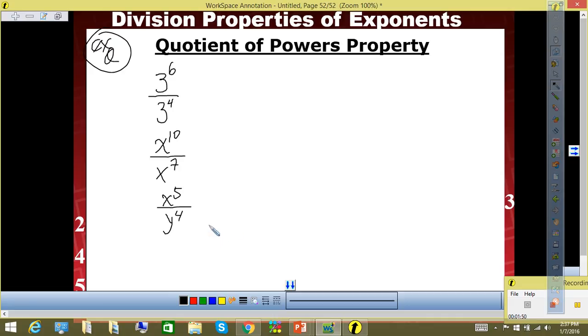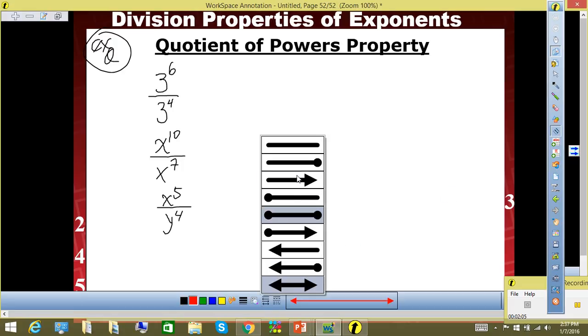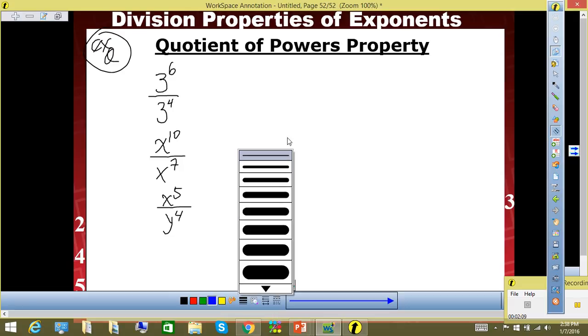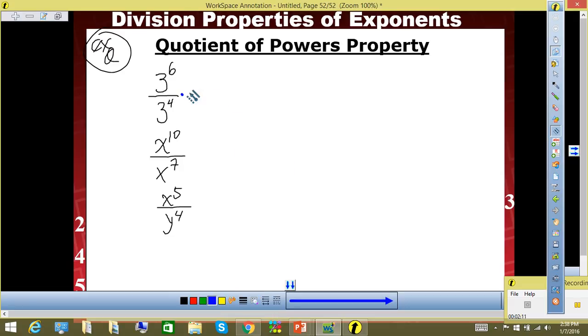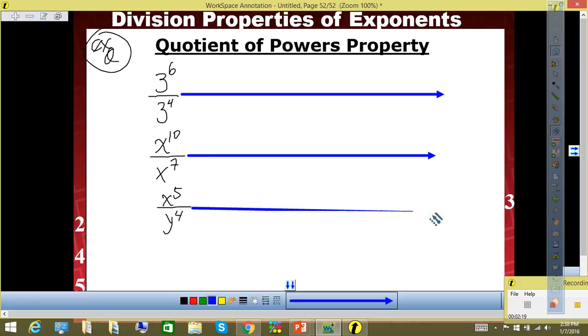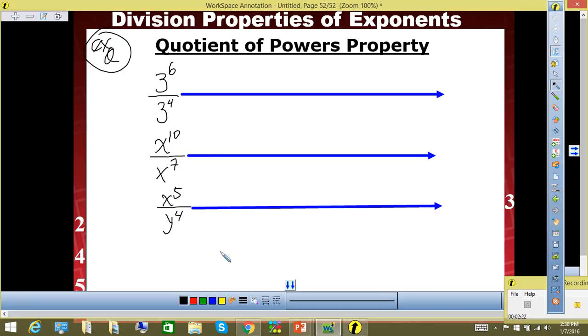Okay, and let me go over the property before we move on. So that, like that, you can come up with your definition. We need a definition. So, pens down, eyes up here. So check this out. Look up, please.